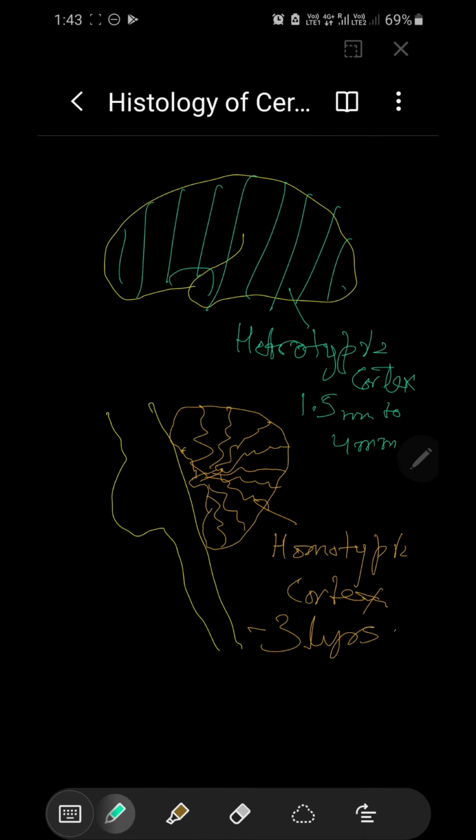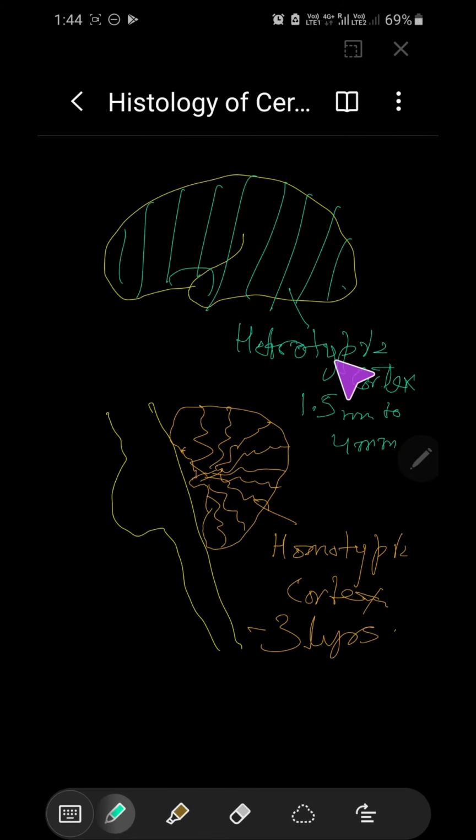If you remember, the roof of the fourth ventricle was formed by the superior medullary velum and inferior medullary velum. The superior medullary velum had a thin sheet of gray matter, but the inferior medullary velum was devoid of these neurons. So in some places there is very little cerebral cortex.